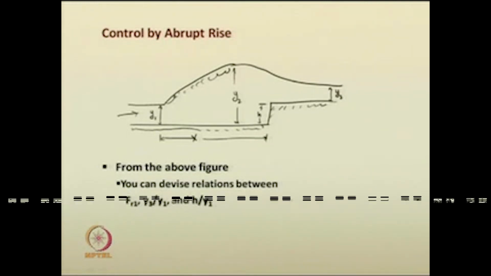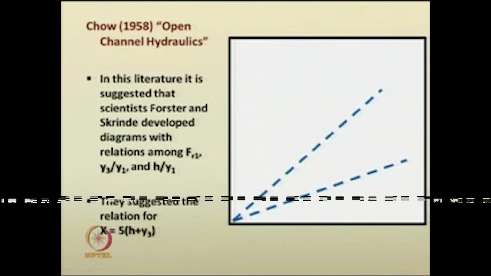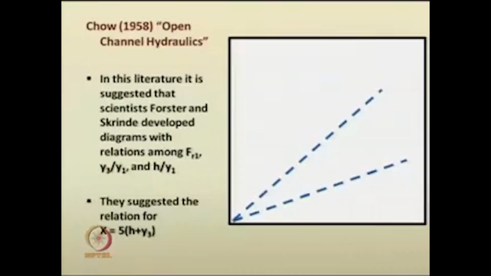From Ven Te Chow's book on open channel hydraulics, some literature works are suggested in which certain relationships of Froude number with respect to the other non-dimensional numbers were given, that can be used for design purposes, especially for control of jumps by abrupt rise in the section.